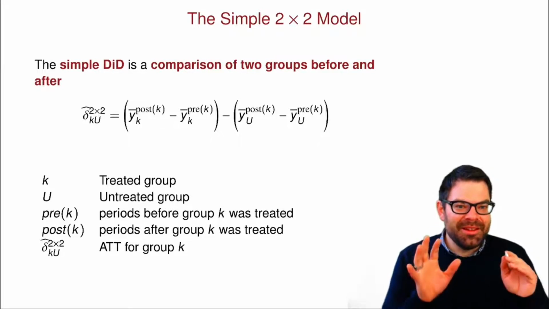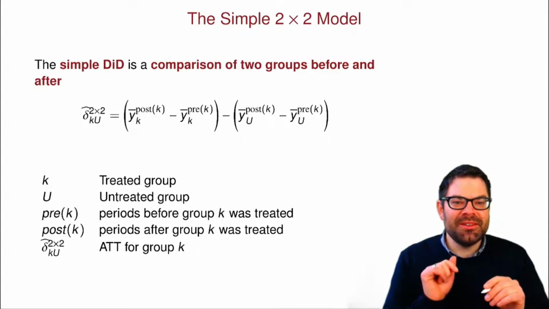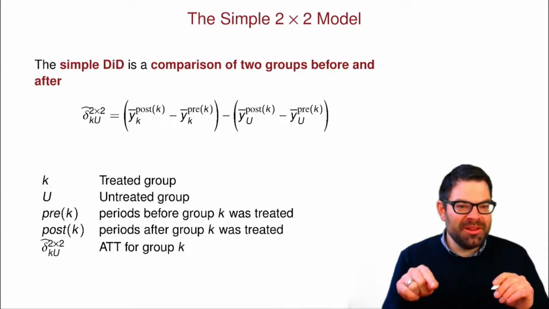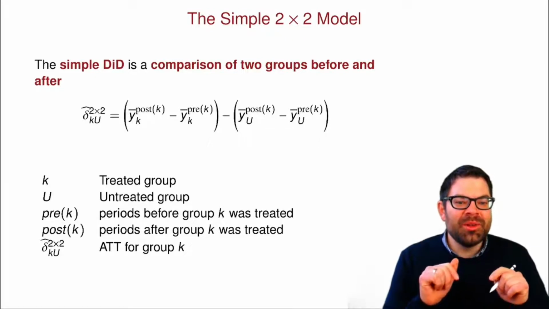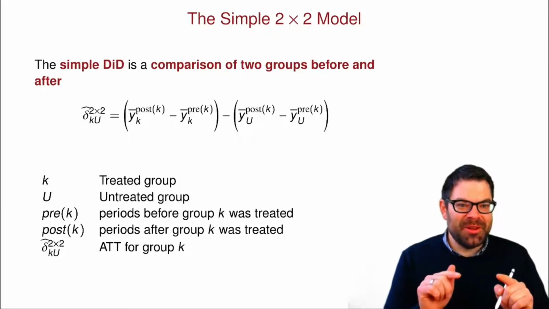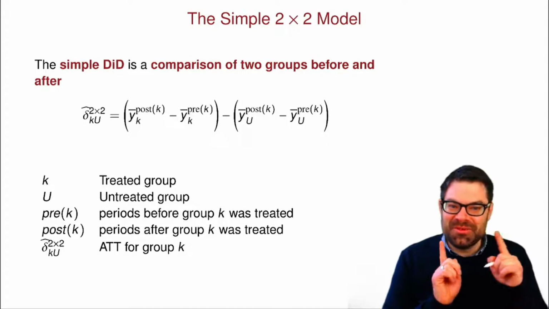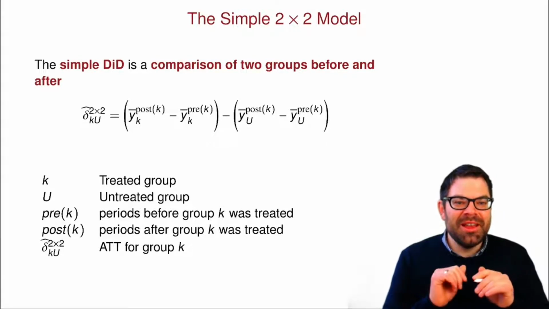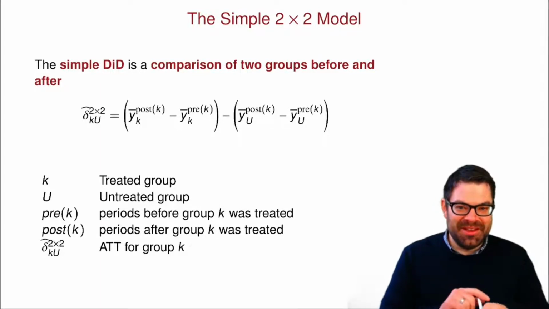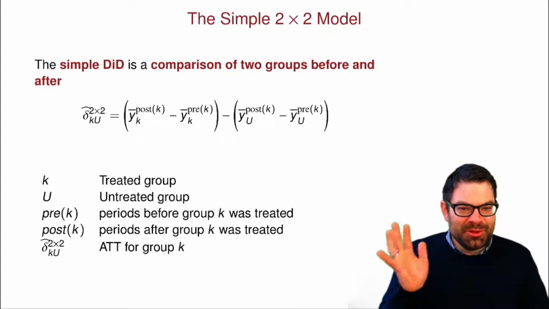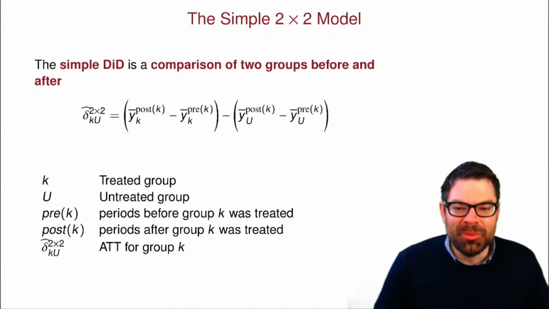But the issue, as we will see in later videos, is that most people run diff in diffs that are way more complicated than what you see up here, but they interpret their results like that. And as we shall see, that interpretation is often misleading, and very often it's highly misleading. So we need to apply a little bit more thinking.